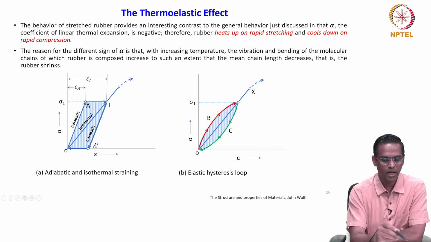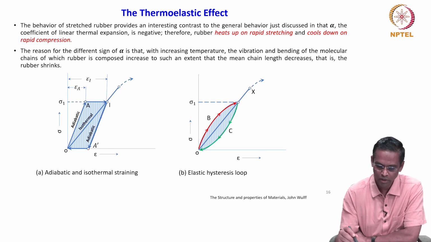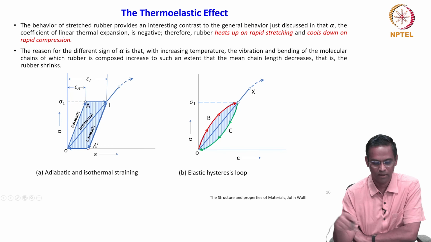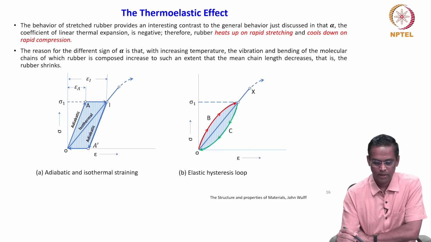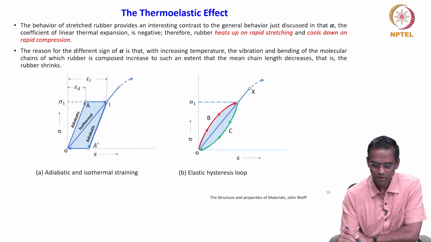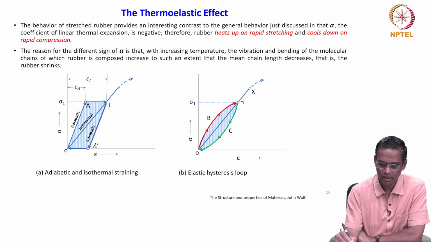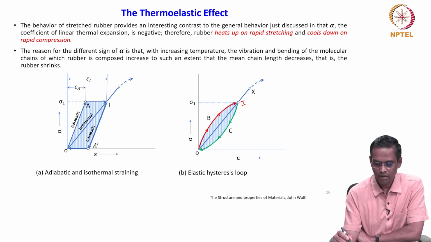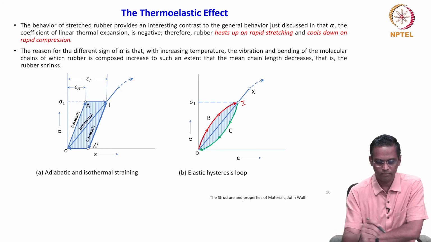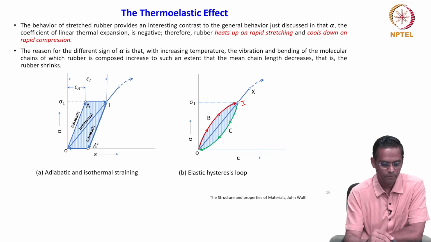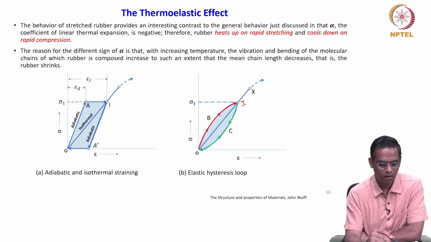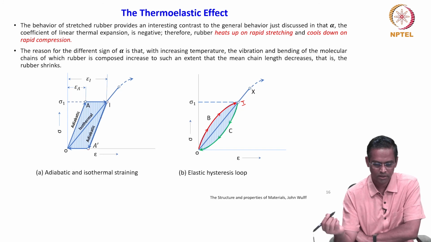This is a hypothetical situation, but what is shown here is an actual energy per cycle. So, O B I and then I C O cycle. It could be either isothermal cycling or adiabatic cycling. So, that is the idea.